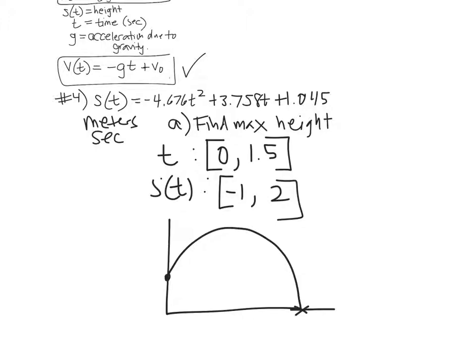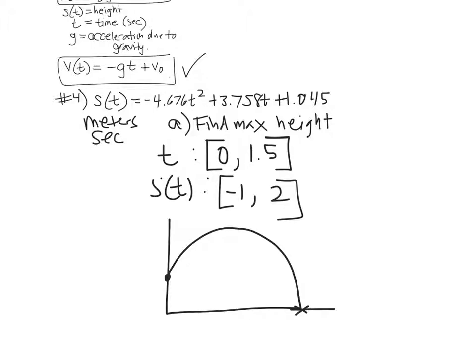All right, so our first job is to find the maximum height. Now, it's just any old quadratic. You want to find the maximum height. You would go to second trace, which is calculate the maximum, and then go to the left and hit enter. Go to the right, hit enter.